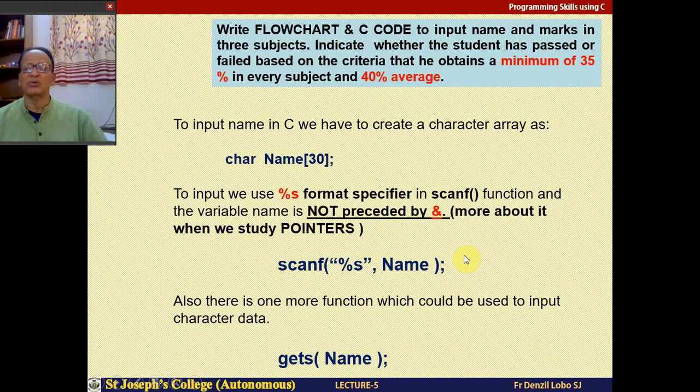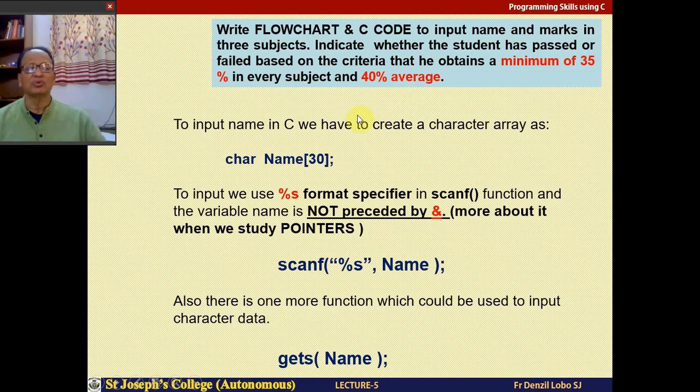Let us use this in the flowchart now. Before that, I would like to introduce one more type of variable in C. We are going to write a flowchart and C code to input name and marks in three subjects and indicate whether the person has passed or failed based on the criteria that he obtains a minimum of 35% in every subject and 40% average. And we have to enter name.